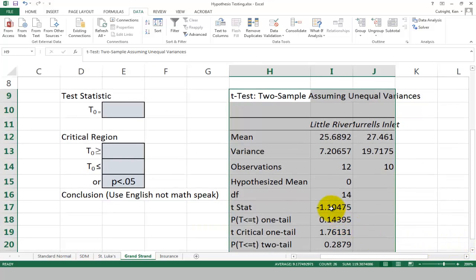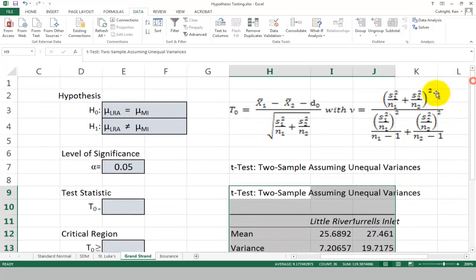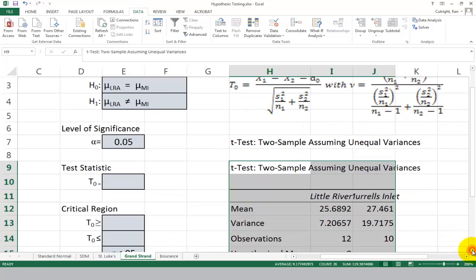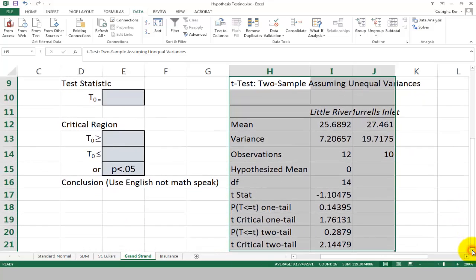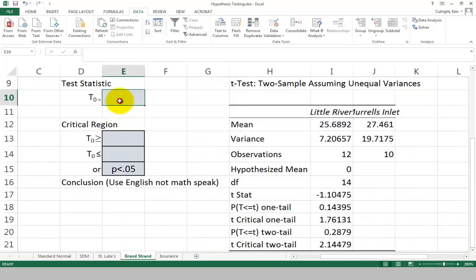It's calculated the t-stat using this formula right here. It's calculated the degrees of freedom using this formula. It's calculated the standard deviations and means, sample means, and so on. So the test statistic is equal to minus 1.1. The critical region, we have both a right tail and a left tail.